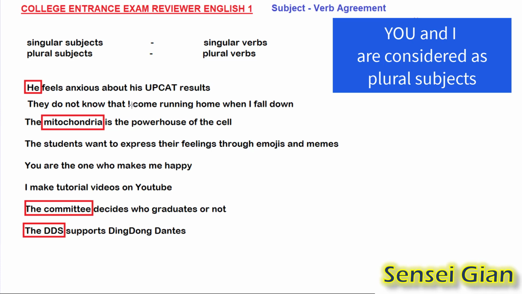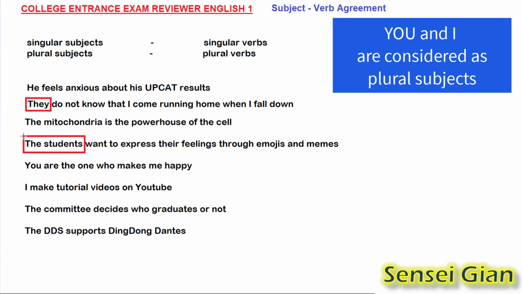So these are examples of singular subjects. How about plural subjects? I think it's obvious that it's they, the students. You acts as a plural subject. I acts as a plural subject. So these are examples of plural subjects.